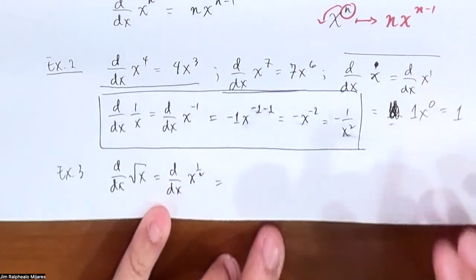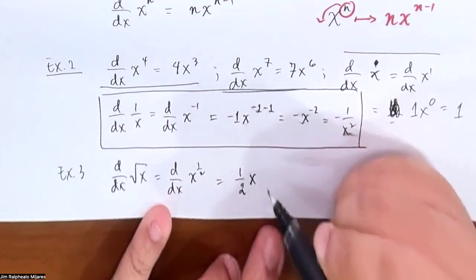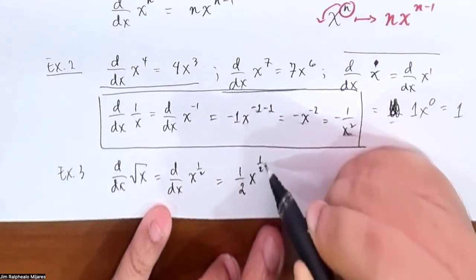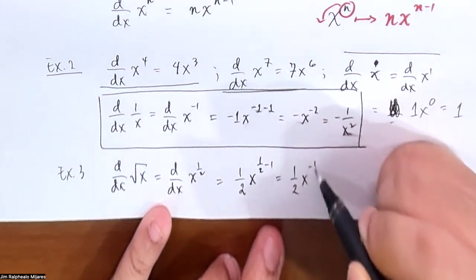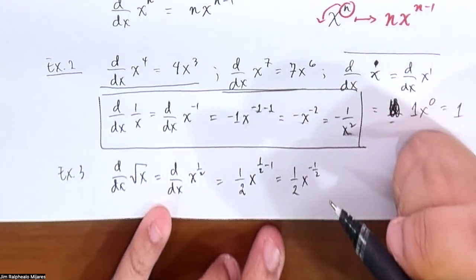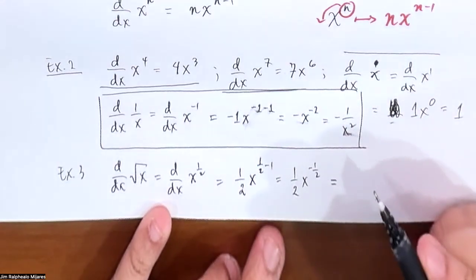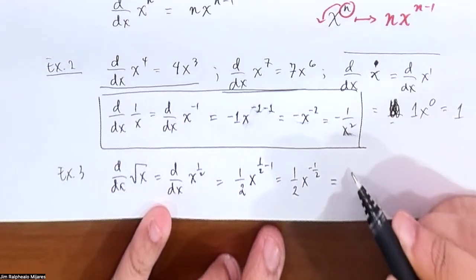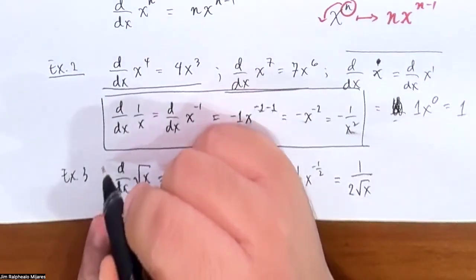Fraction, it can be anything. So, we put it to the front. Then, this is 1/2 minus 1. Or 1/2 x to the negative 1/2. Or 1 over 2 square root of x. Okay?